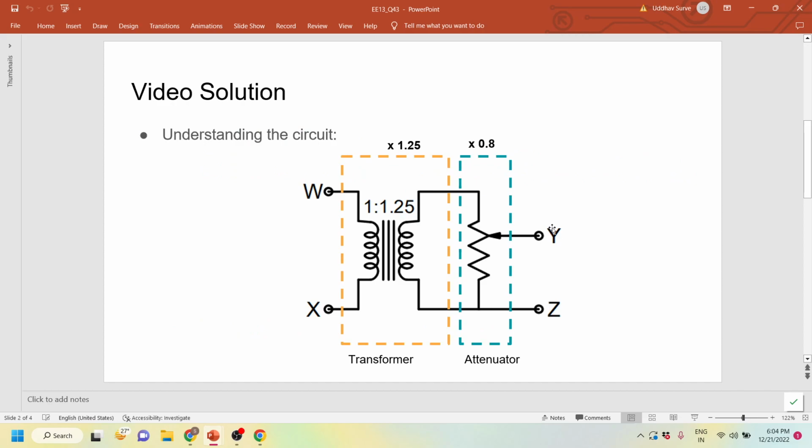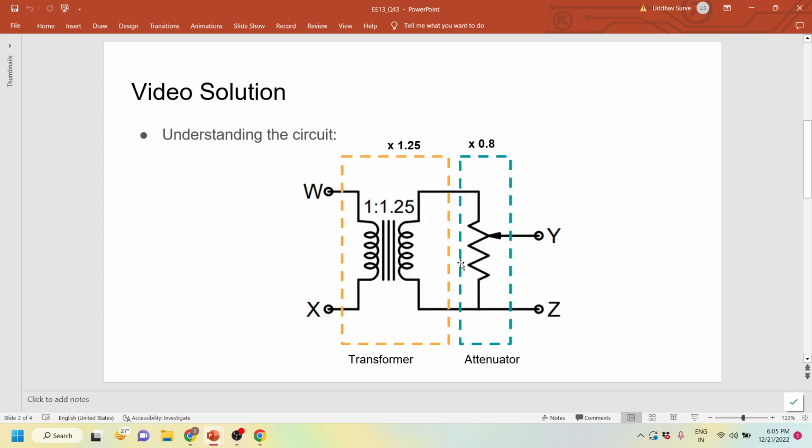So let us bifurcate the circuit into two parts: one is the transformer and one is the attenuator. When you go from right to left, this transformer applies a multiplication factor of 1.25 to the voltage, and this attenuator applies a multiplication factor of 0.8, as given in the question.